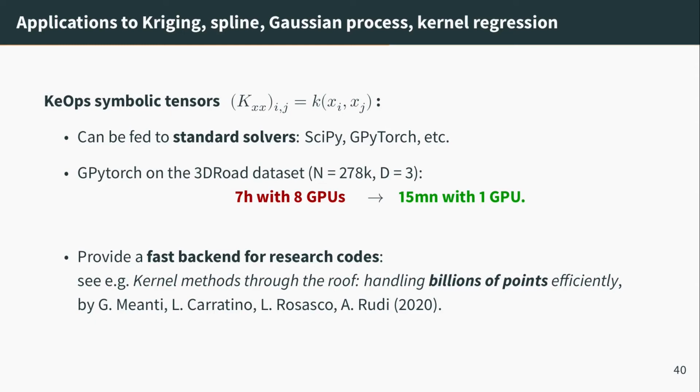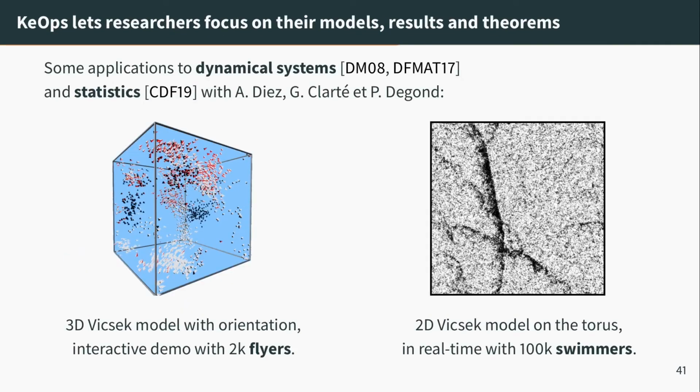That was because of this combination of great progress on the theoretical side and those optimized binaries that people were not aware of. For me, the motivation is that these tools allow researchers to focus on models, results, and theorems. I told you in the first lecture, the main point of doing math is to be creative.